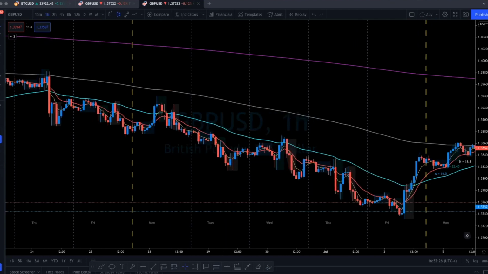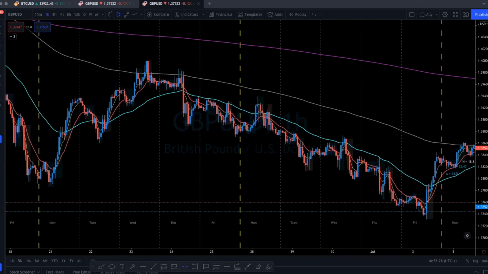Now notice that on this particular weekly cycle here, you didn't really have the MAAW. That's because the cycle started the previous week.